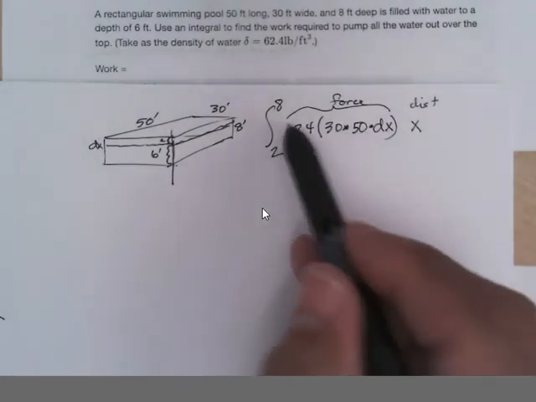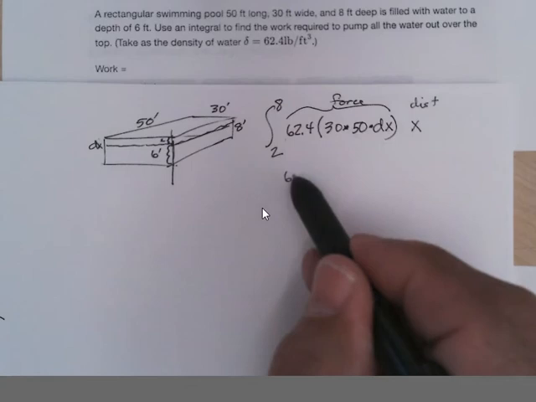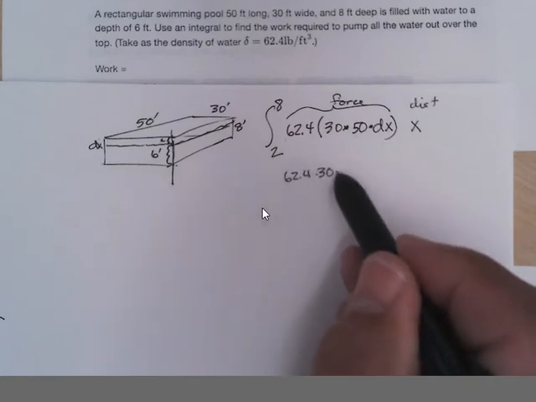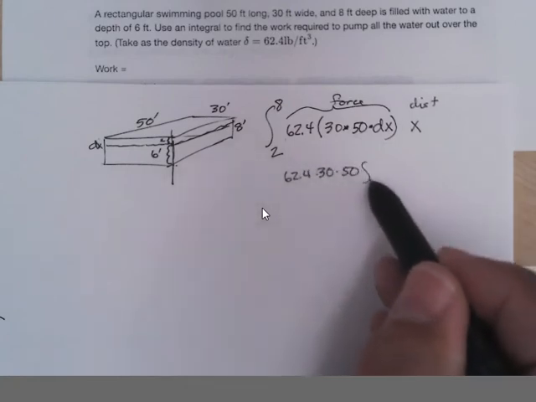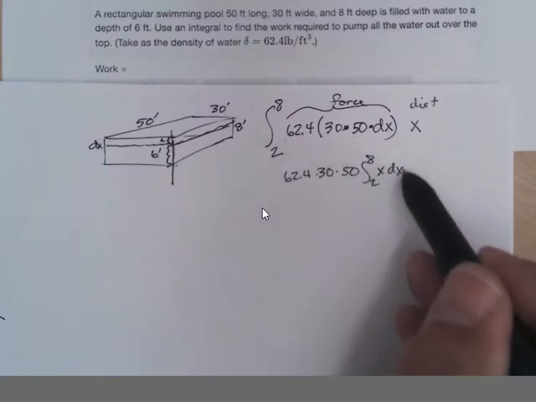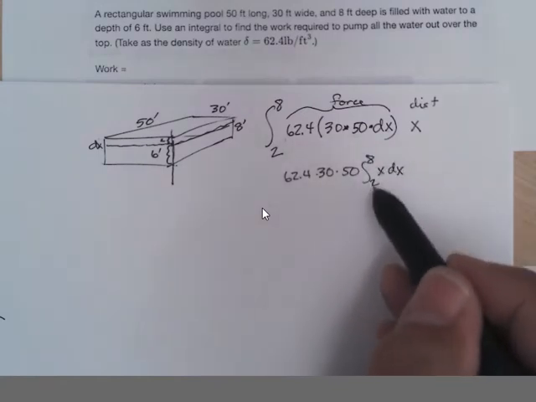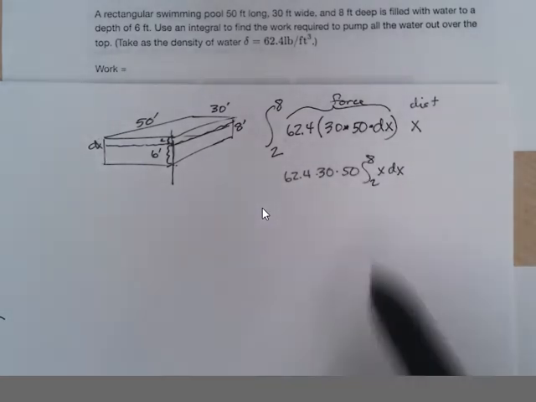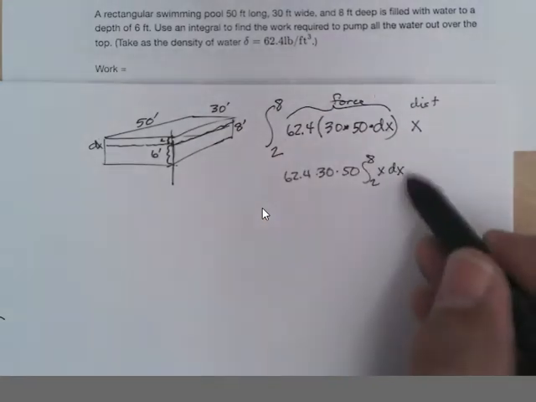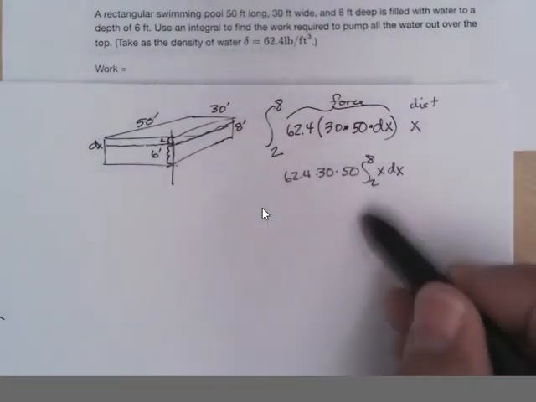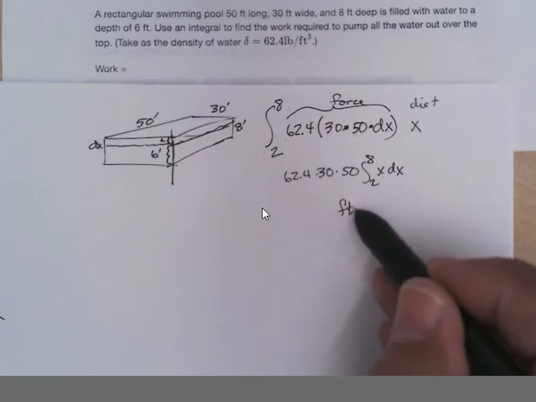All of this comes out, and this would be just 62.4 times 30 times 50 times the integral from 2 to 8 of x dx. That's 1/2 x squared. Put in the 8, put in the 2, subtract them, times this, and we'll get the work, and the unit on that will be pounds times feet, so they're called foot-pounds.